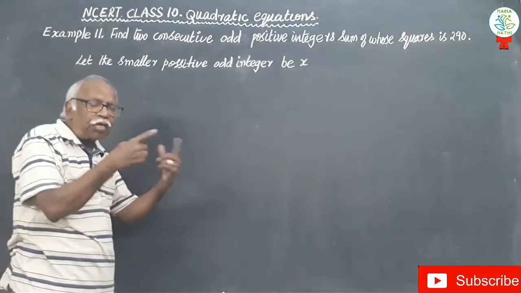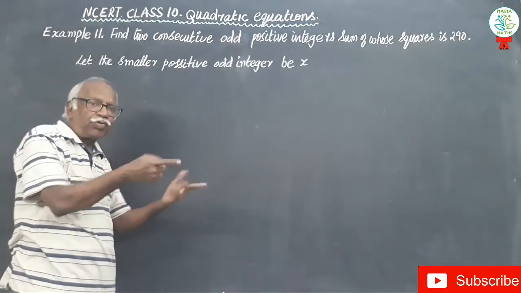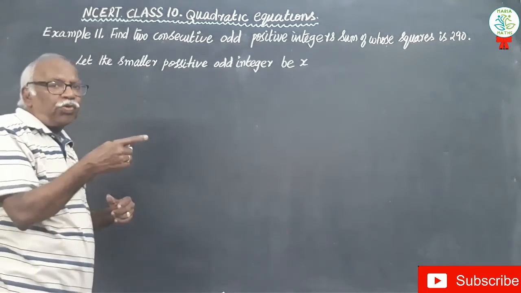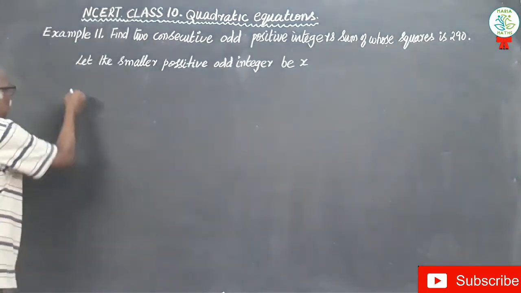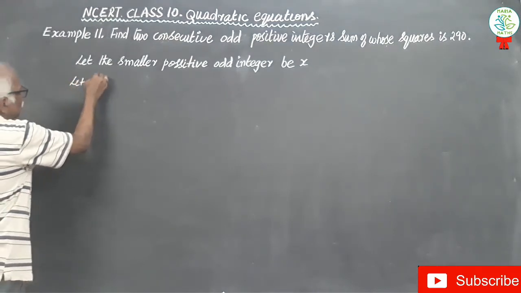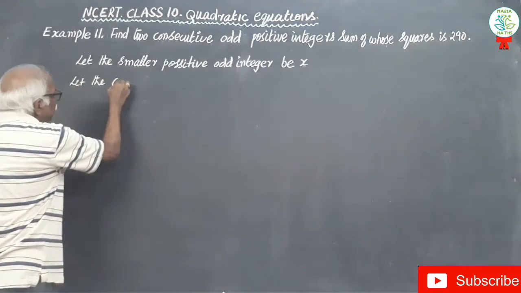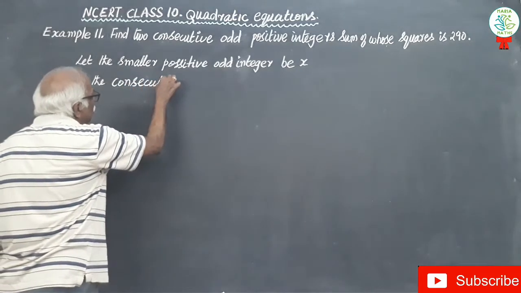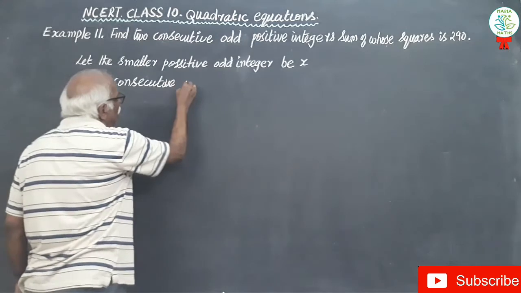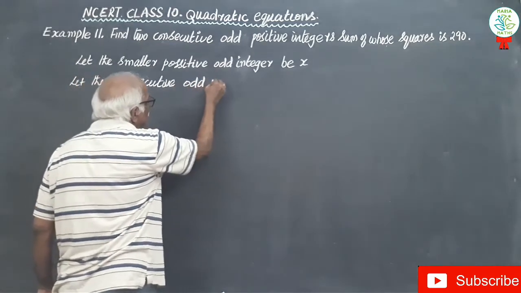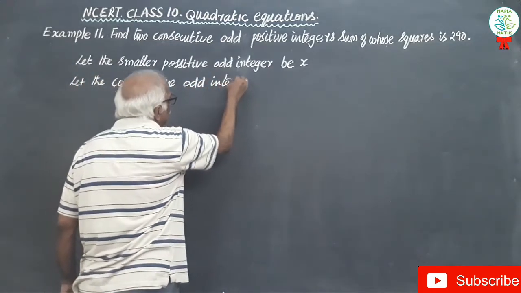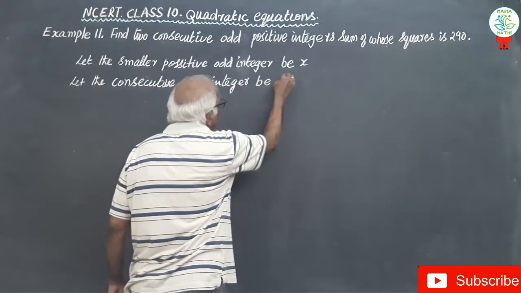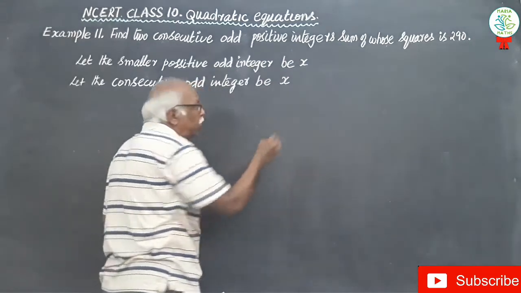Its consecutive odd positive integer, you have to add 2 to the smaller integer, ஏன்னா consecutive odd integer ல 2 2 increase ஆகும். Let the consecutive odd integer be, இந்த x ஓட ஒரு +2 ஆட் பண்ணா x + 2.